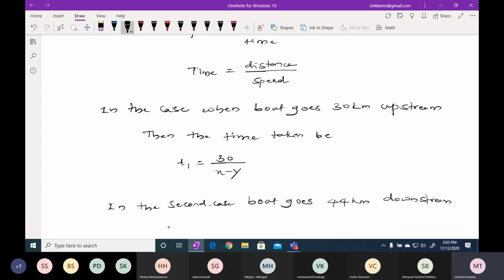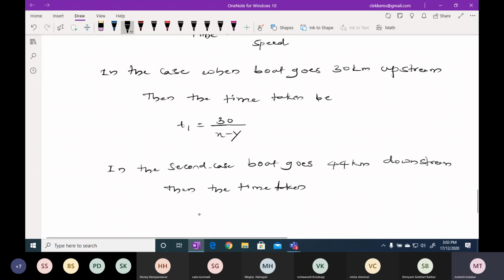Then the time taken, t2, is equal to 44, the distance, divided by x plus y. Okay, so t1 and t2 we have written now.